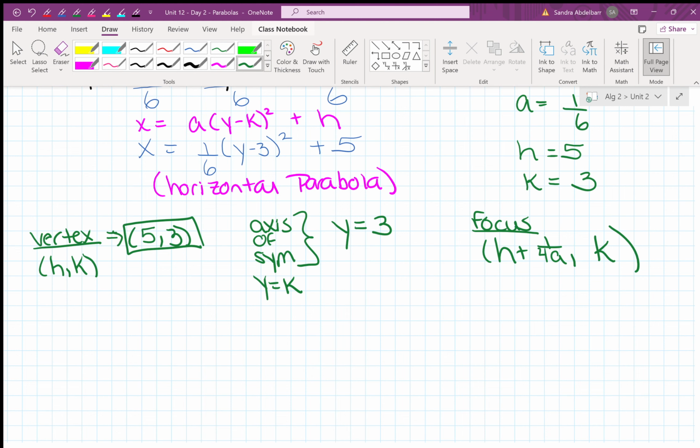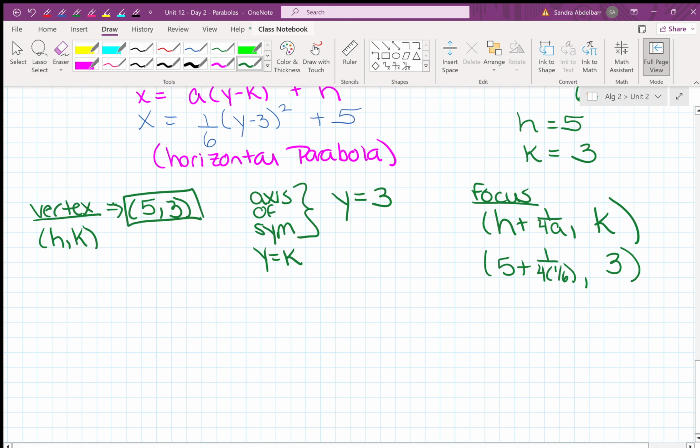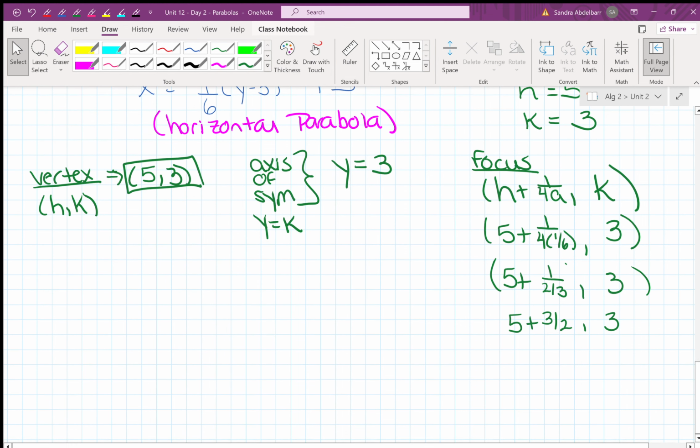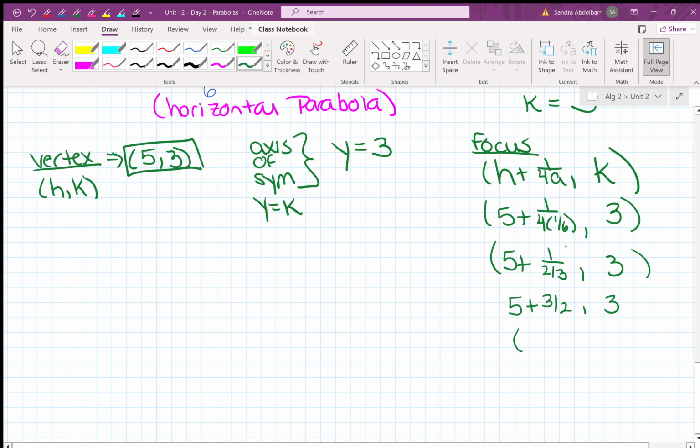Because it's horizontal, it goes with the h. So then we're going to put 5 plus 1 over 4 times 1/6, comma 3. I'm going to simplify that down. We are 5 plus 3/2, comma 3. But what's 3/2? 1.5. So what is that going to be? 6.5, comma 3.